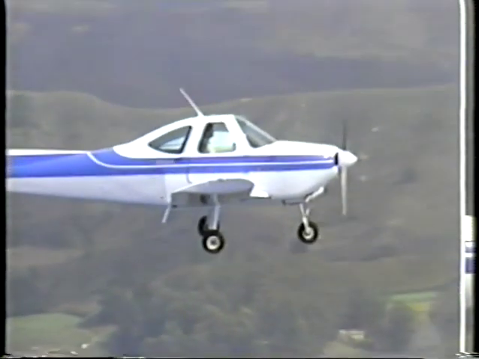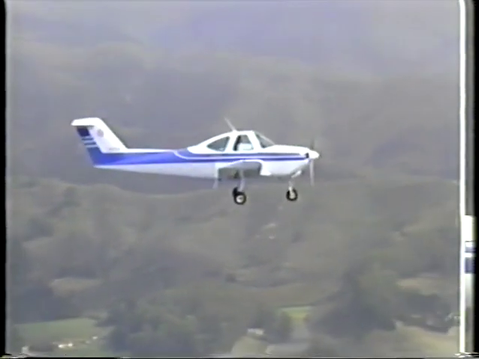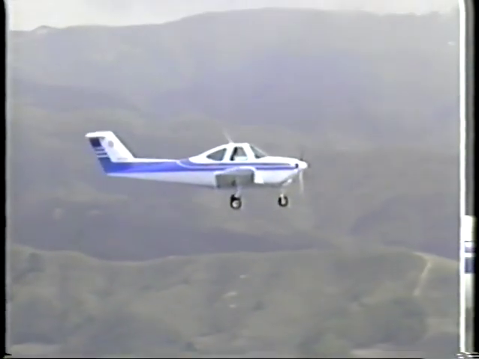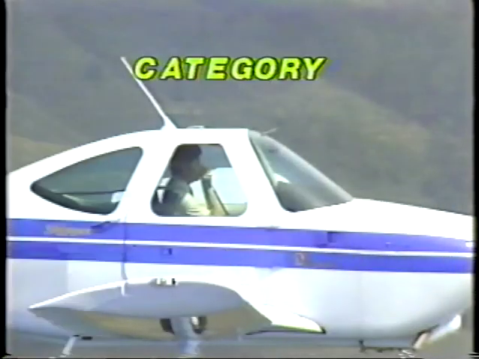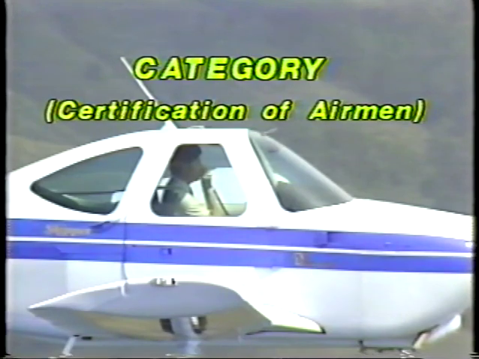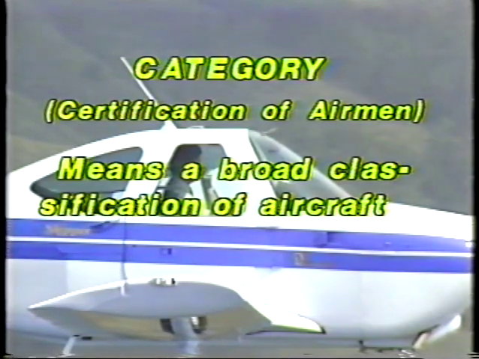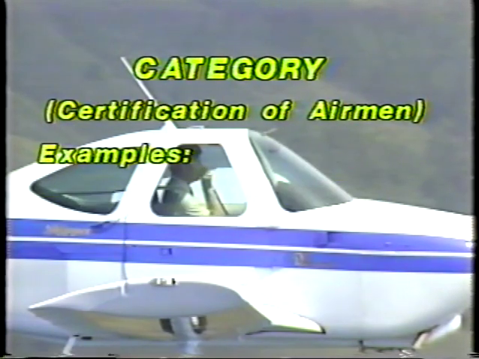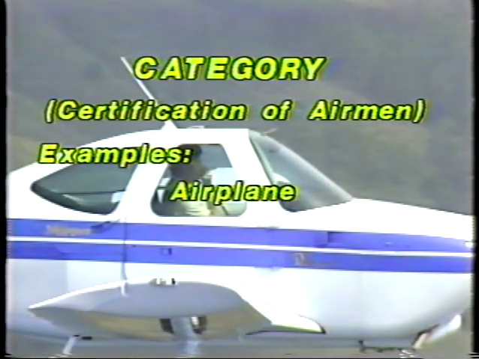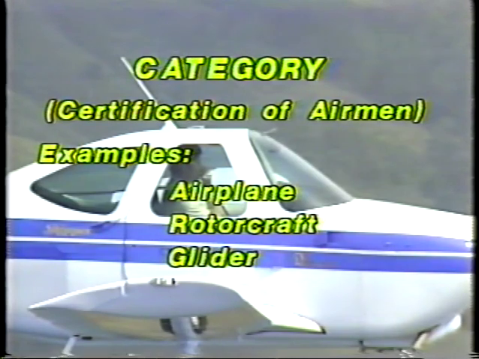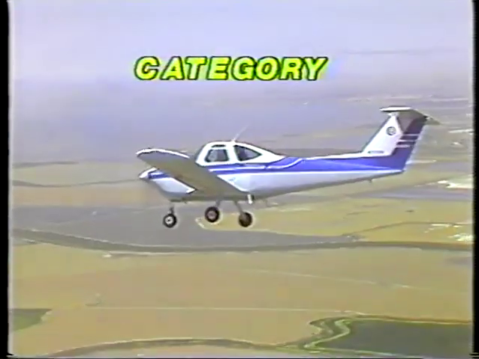You will often hear the words category and class used in discussion about both pilots and airplanes. The word category, with respect to certification, ratings, privileges, and limitations of airmen, means a broad classification of aircraft. Examples include airplane, rotorcraft, glider, and lighter than air.